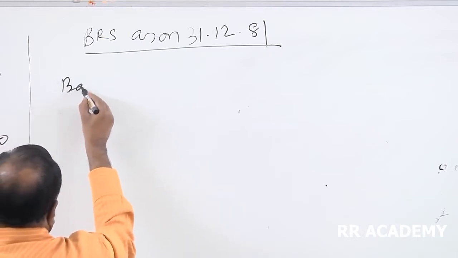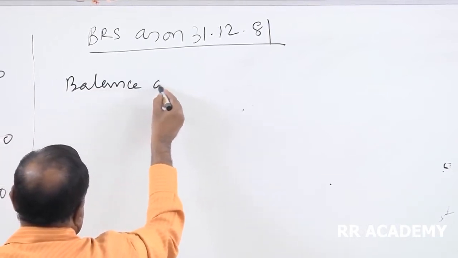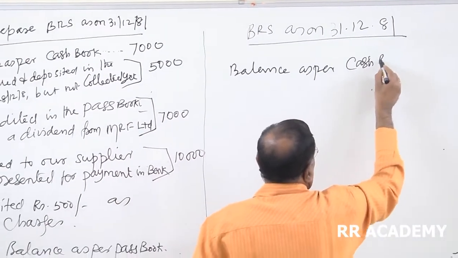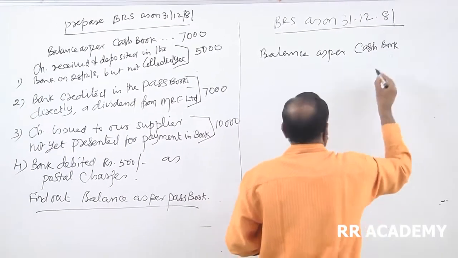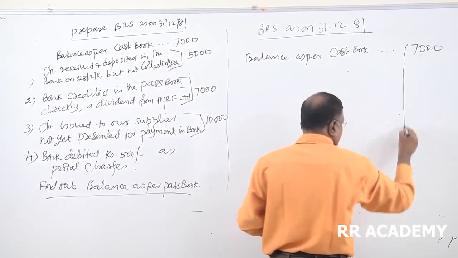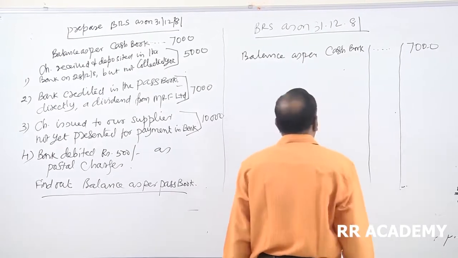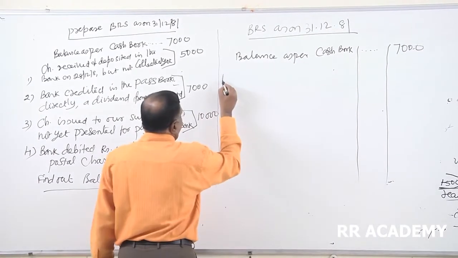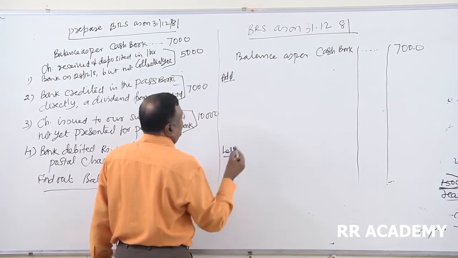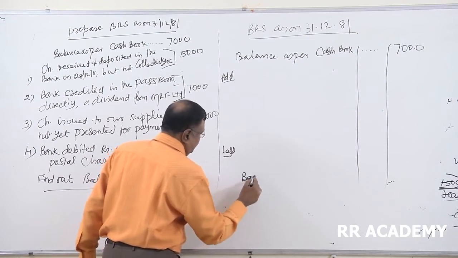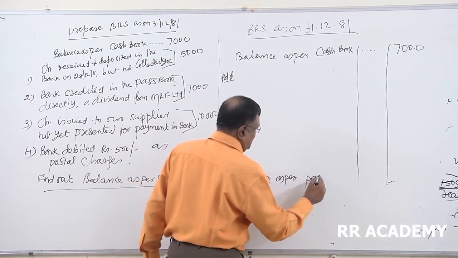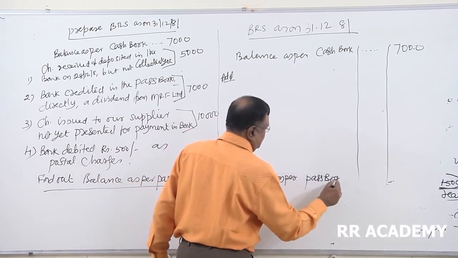Now, balance as per cash book, 7,000. This is the outer column. We must write here add, less. We have to find out the balance as per passbook. Passbook we have to find.